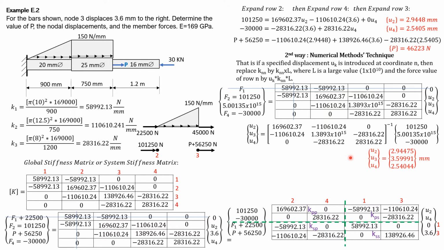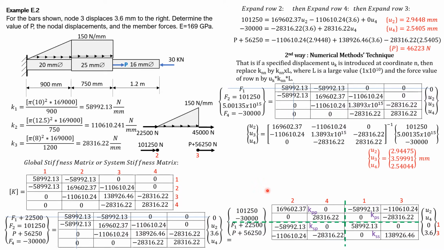The third technique is by partitioning. If you can remember, I gave you a problem on getting the product of two matrices by the partitioning technique. So that's the purpose of that. So this is the original matrix.